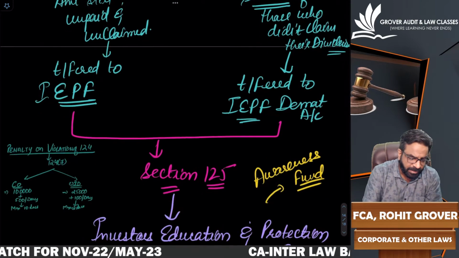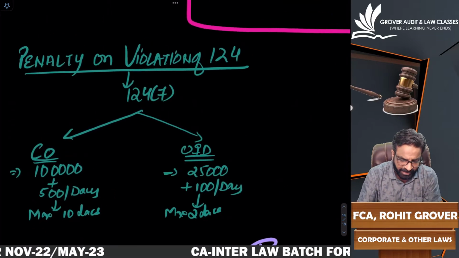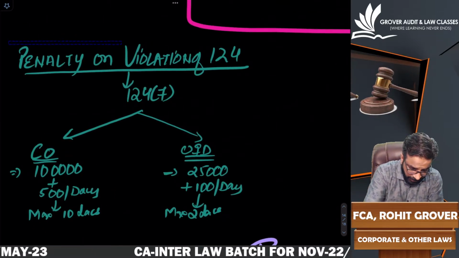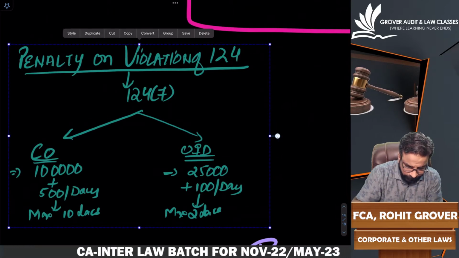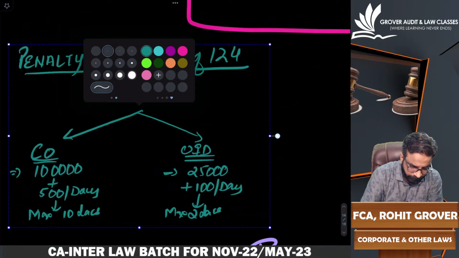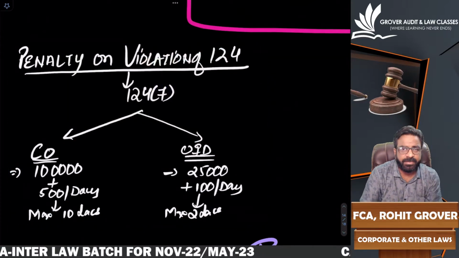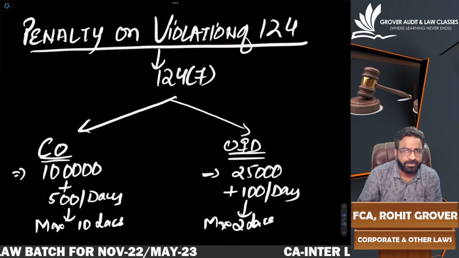Now, if you do any kind of violation, what is written? Read it. Penalty on the violation of section number 124.